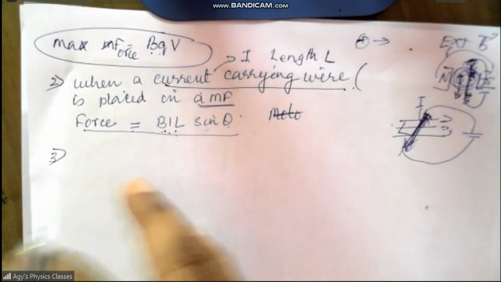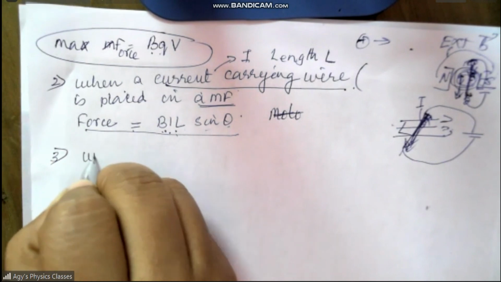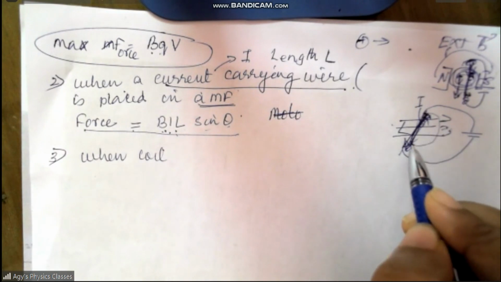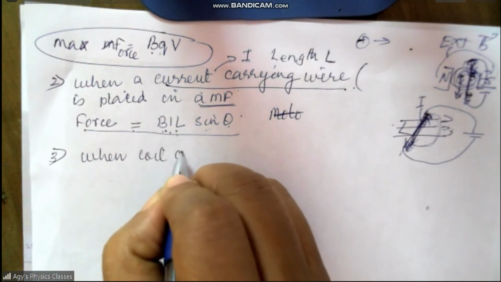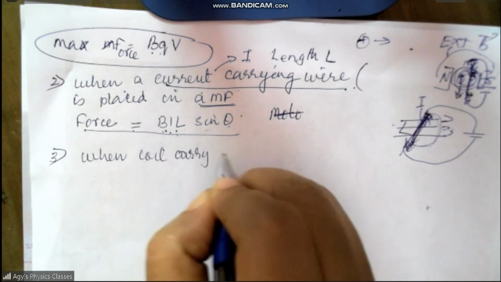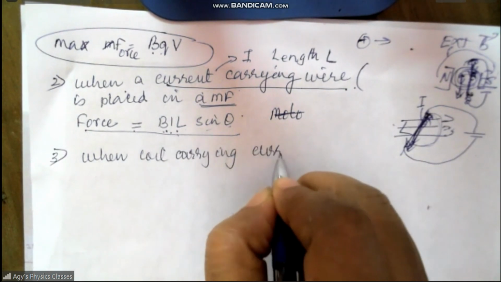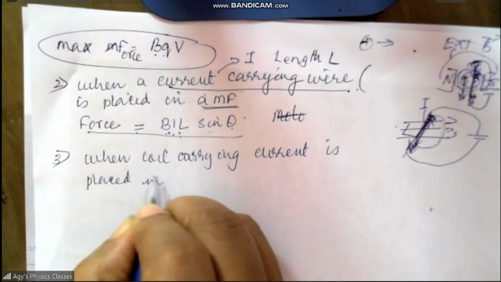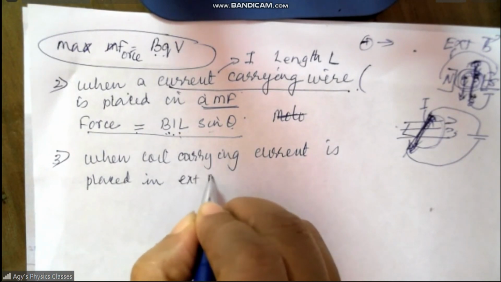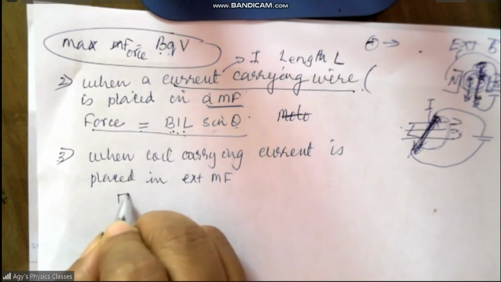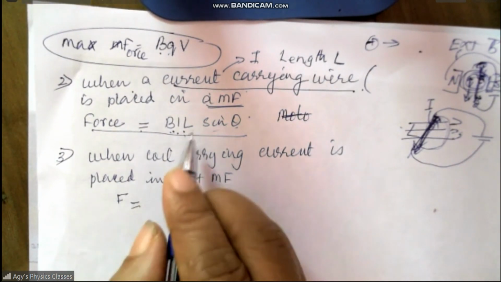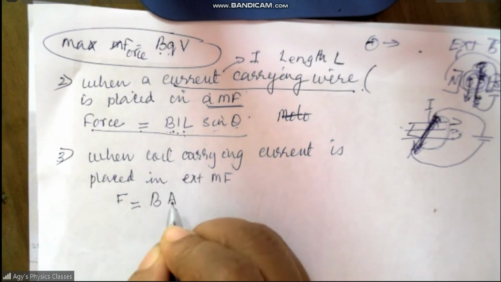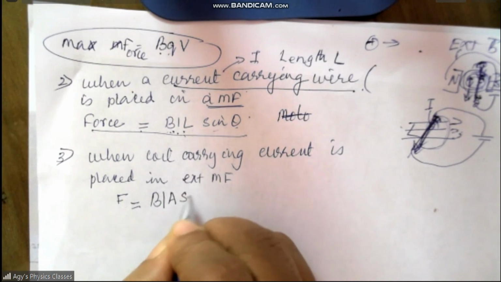Instead of this straight wire, if you bend it into a coil, when a coil carrying current is placed in an external magnetic field, then the force on the coil is equal to BIA sine theta.